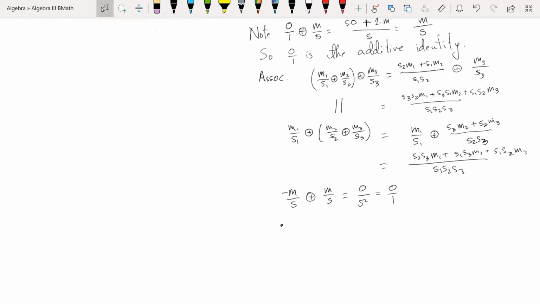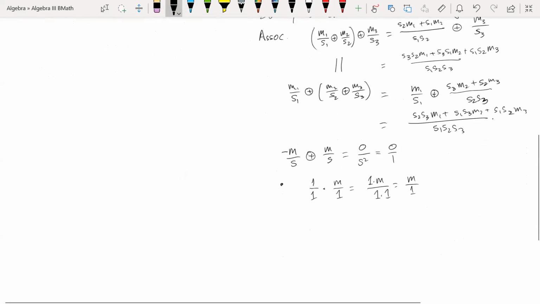So 1 over 1 dot M over 1 is by definition 1 M over 1 1, which is M over 1.